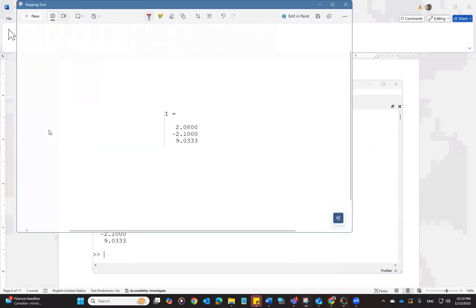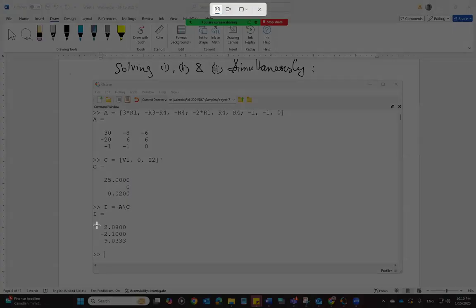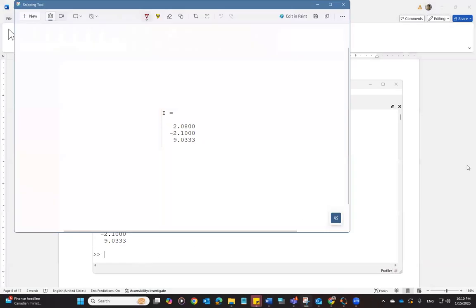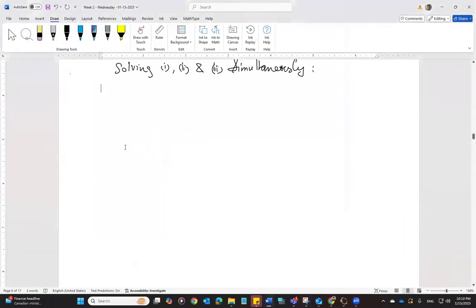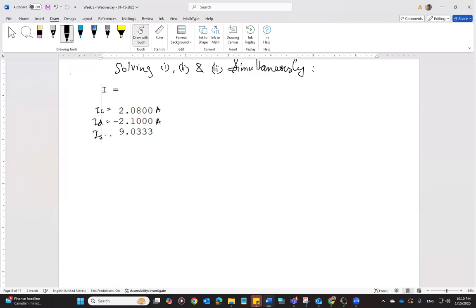I just want to capture this. So these are my three currents. This is IC here. This is ID here. And this is I short circuit.